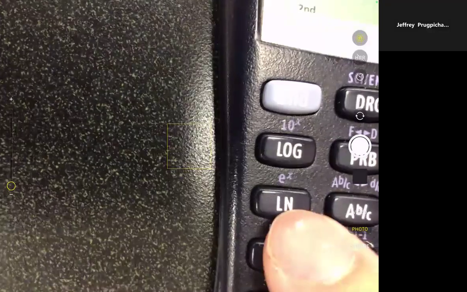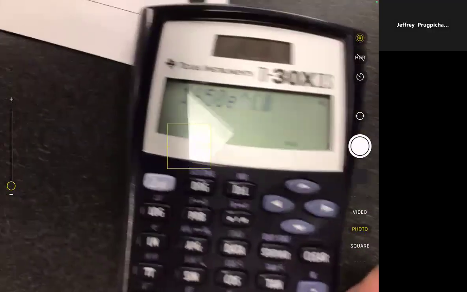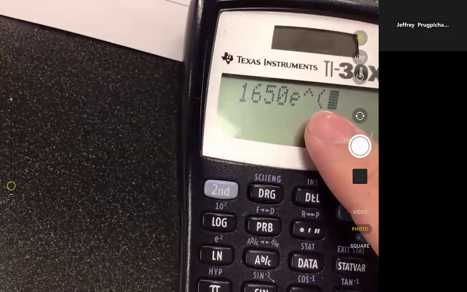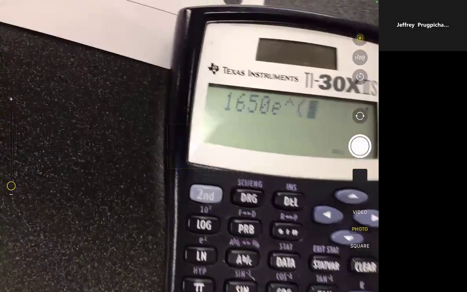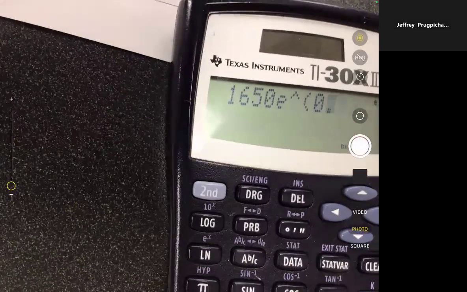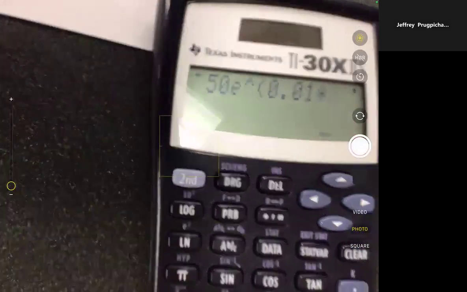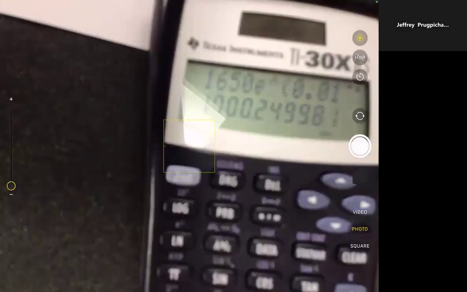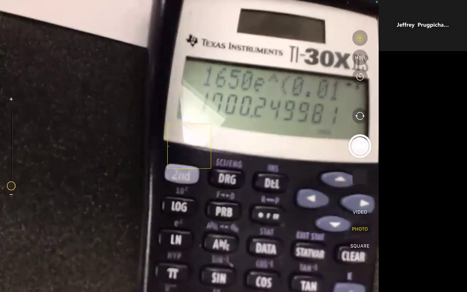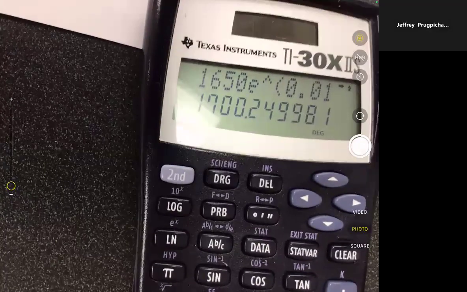So I do second that button. You notice it already creates the exponent for me because the way e works, it pretty much always has an exponent. So it's e to the power of 0.01 times 3. Okay, so $17.00 and rounds to 25 cents.